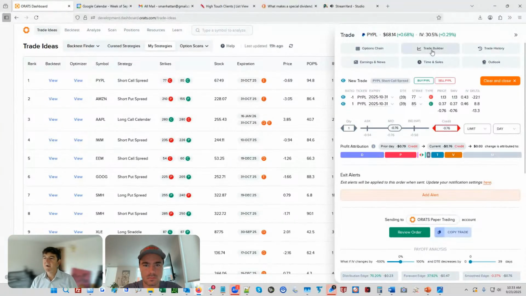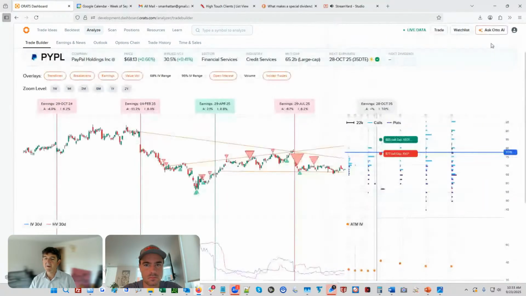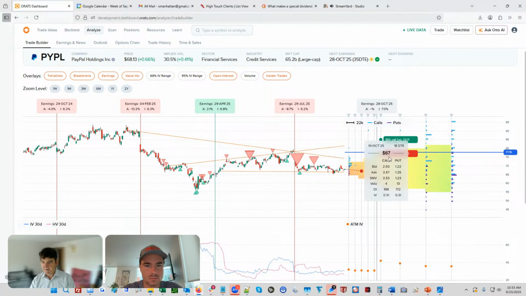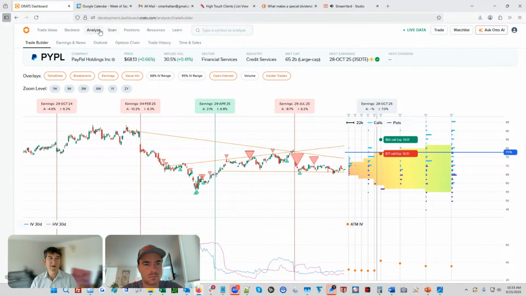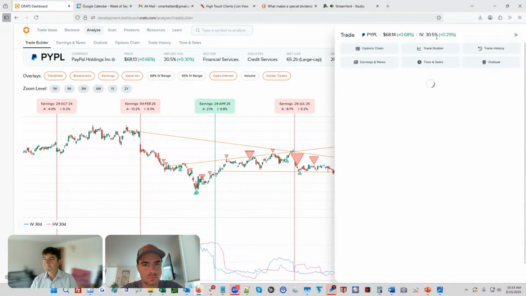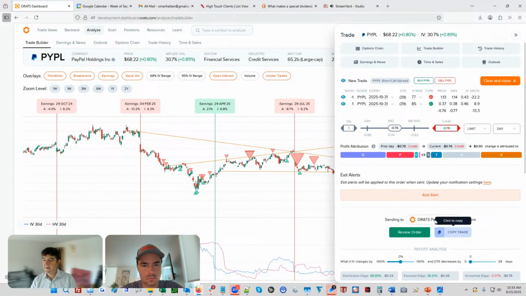It feeds it to the trade builder just to make sure that it looks okay. The unfortunate thing is it's past earnings, which I could tell, but still, it looks like it's enough out of the money. And we might want to have an alert before earnings and see if we can potentially get out of this one before earnings.